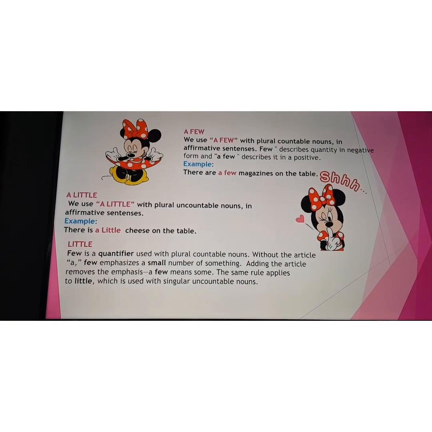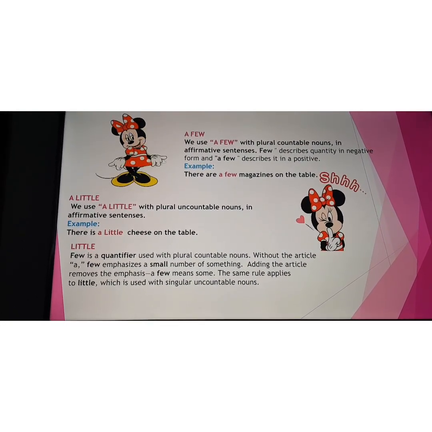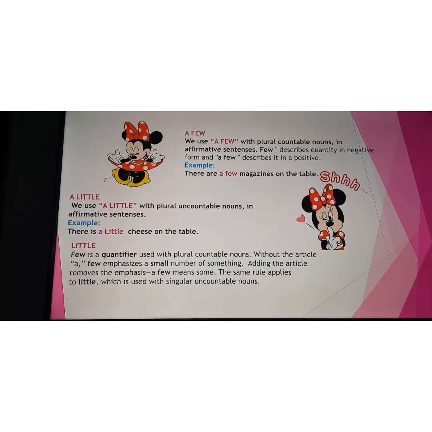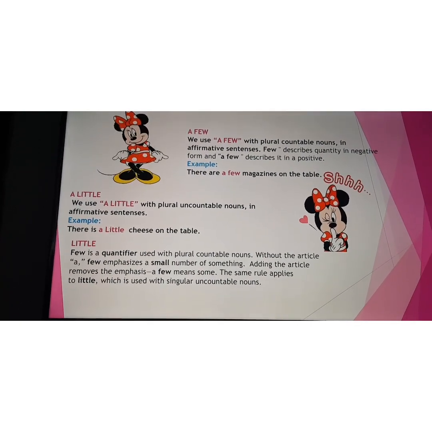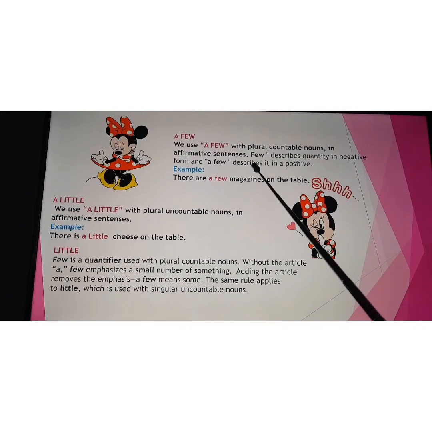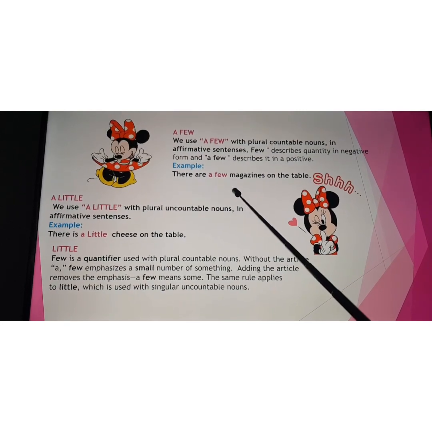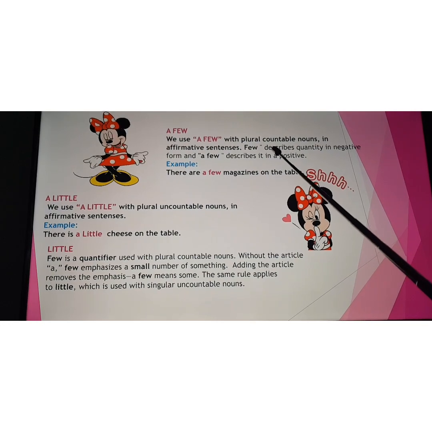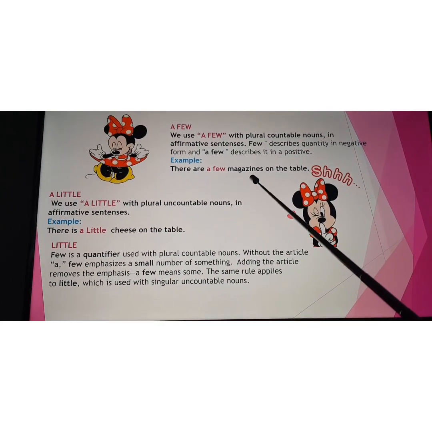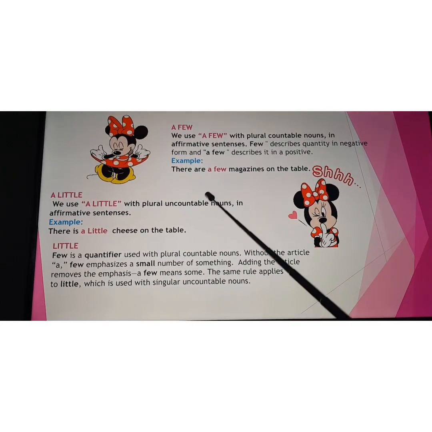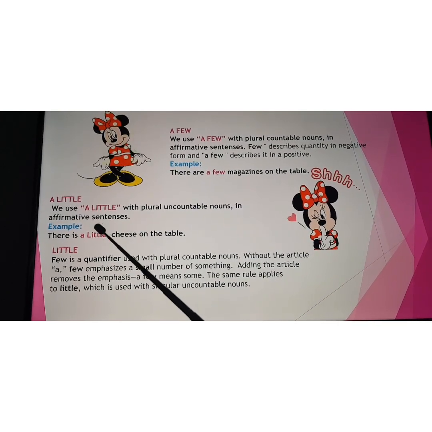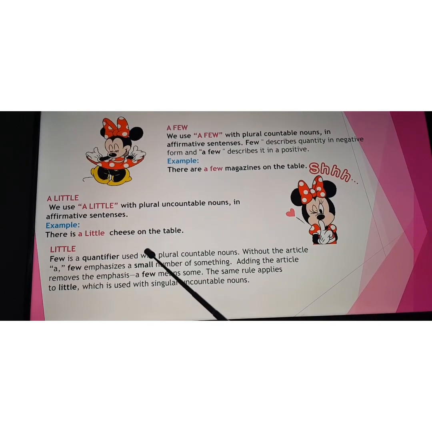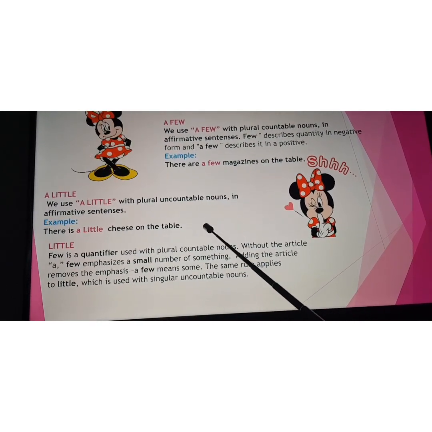The example, there is a little cheese on the table. In the first example, magazines is a plural noun. In this example, there are a few magazines on the table, a few is used with plural countable nouns, and magazines is a countable noun. And a little is used with uncountable nouns, and cheese is an uncountable noun.